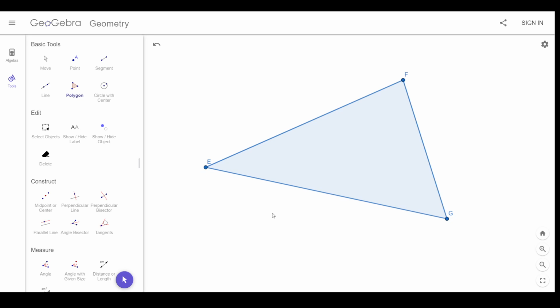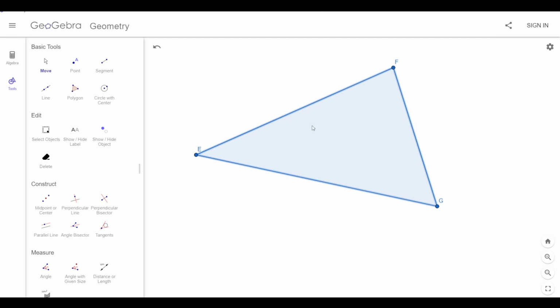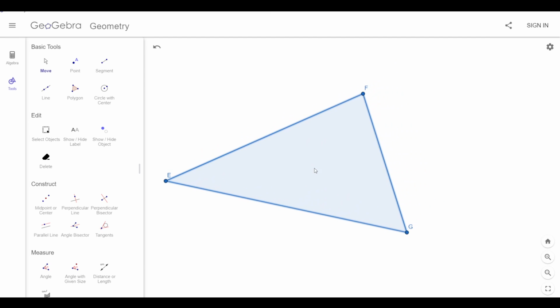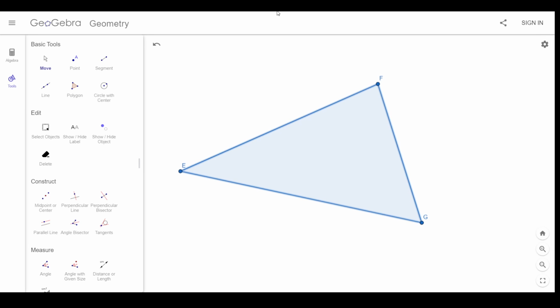Now, what we're going to do is find the angle bisector of each of these angles, all right? So I did it before, so we'll do it. I'll tell you what. Let me slide this over so you can see my little toolbar thing. If I click on this, it goes back. Oh, there we go. Okay.